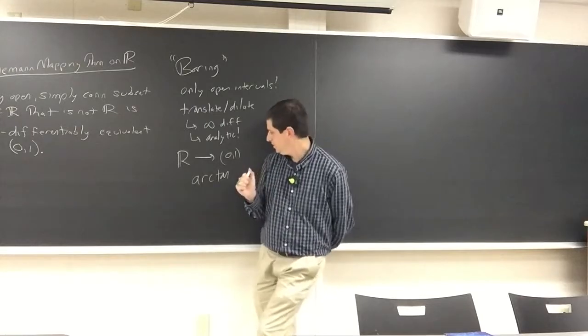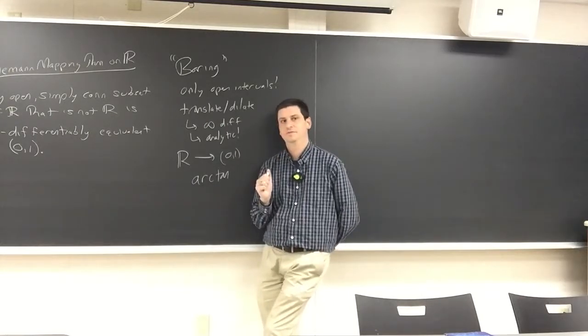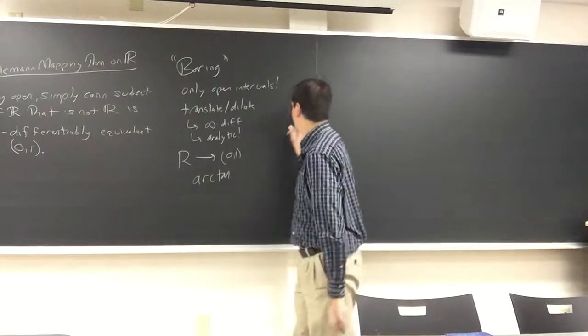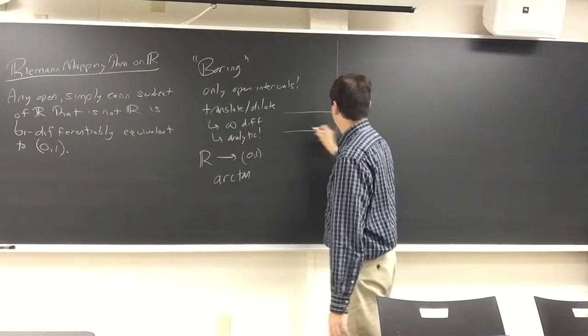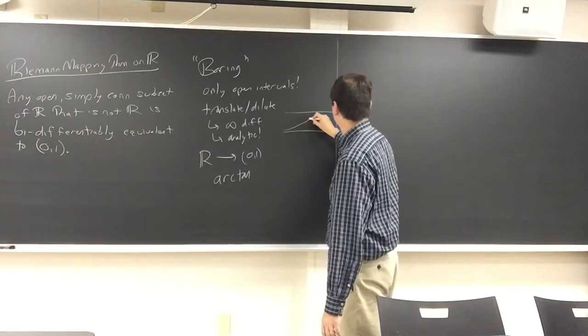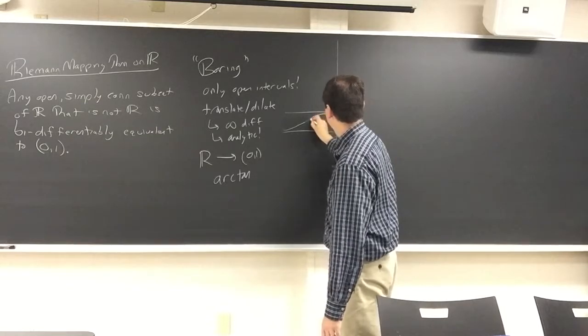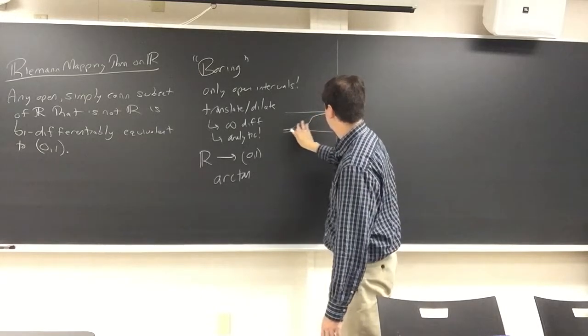Now, will this be differentiable everywhere? And what about the inverse? Is the plot of inverse tangent like this? I'm trying to think. It comes in here and then goes like this maybe?